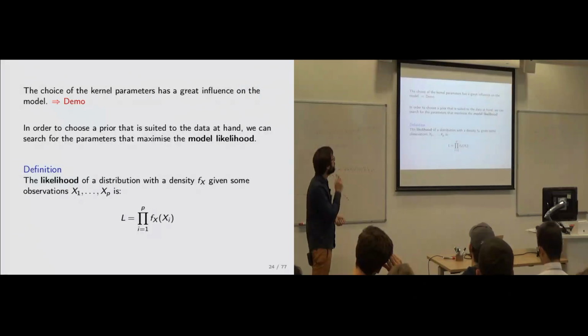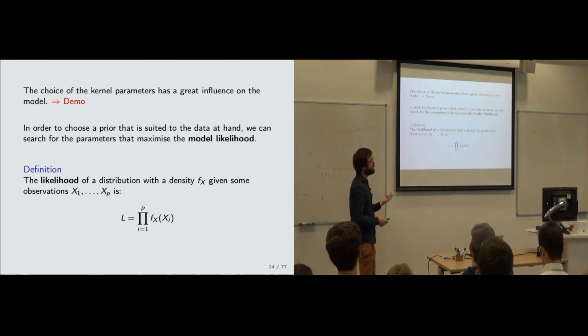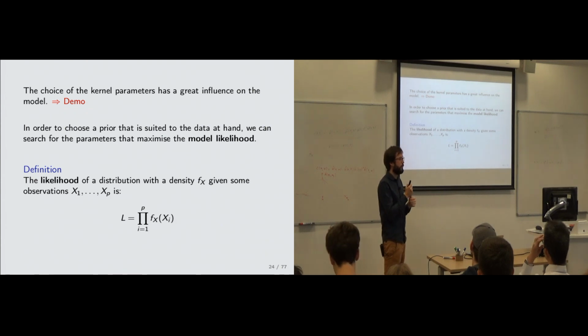So we've seen that the choice of the kernel parameter has an influence on the model. The length scale was basically telling how quickly the confidence intervals go back to the prior. And so we need to choose these parameters, right? We need to choose a covariance, and I'll come to that later.